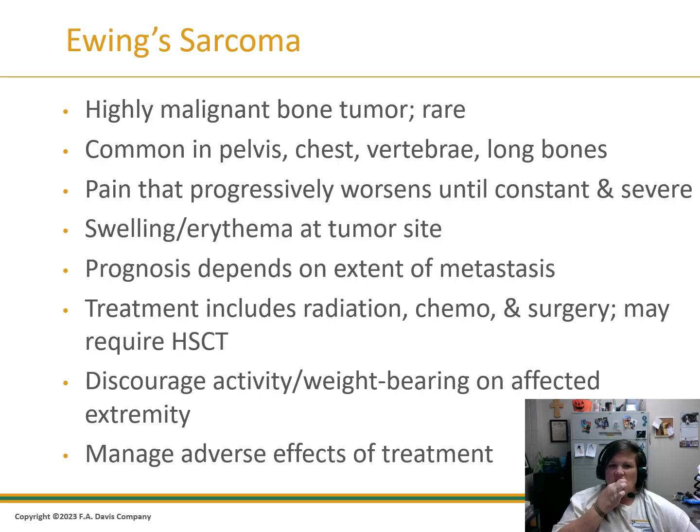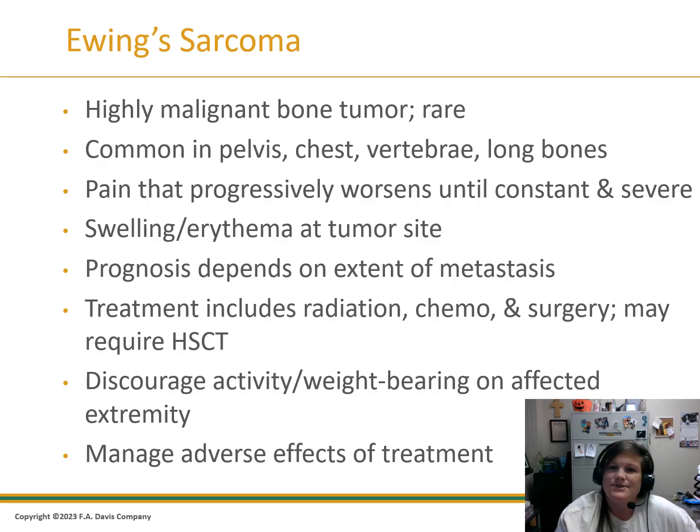Okay, Ewing sarcoma is another solid tumor that affects bone. It's a highly malignant bone tumor, but thankfully a rarer form of bone cancer in general. It is most often seen in the pelvis, chest, vertebrae, but could also be the long bones, like we just mentioned previously.